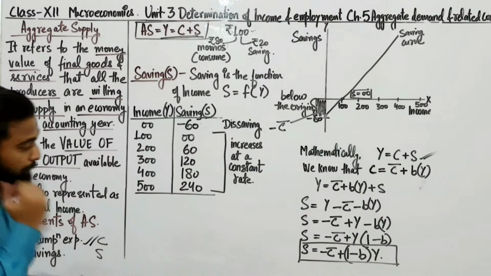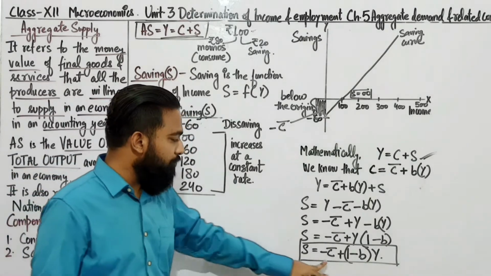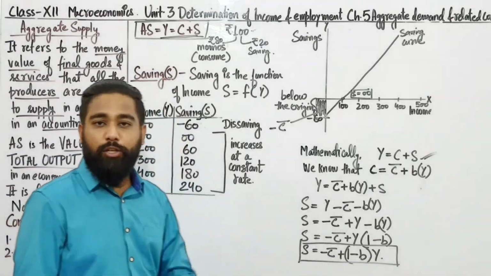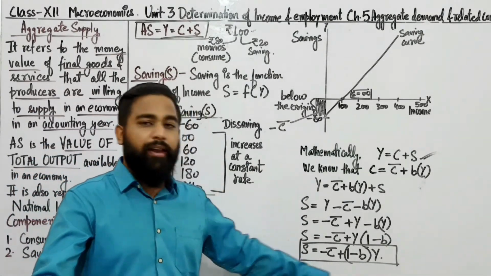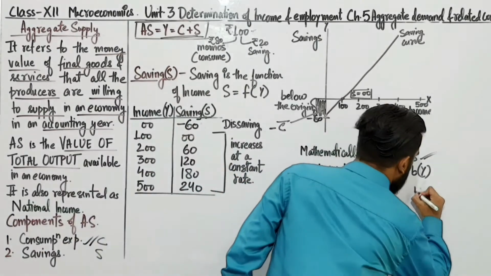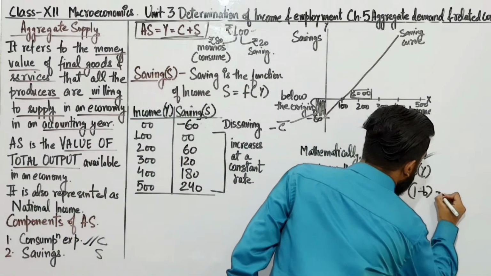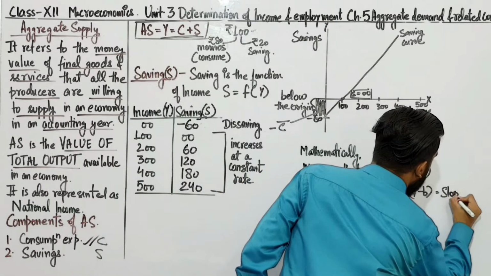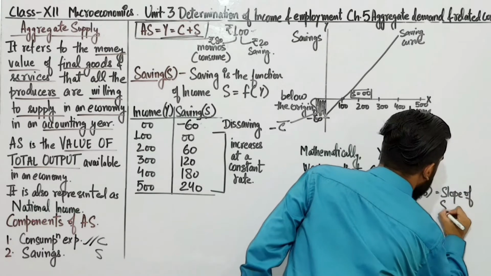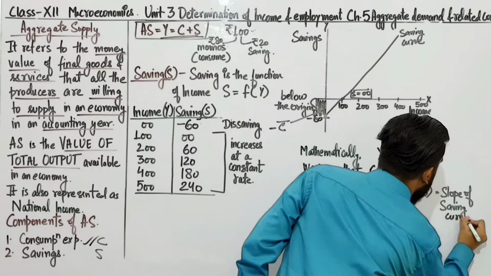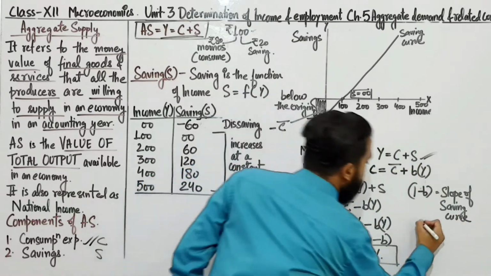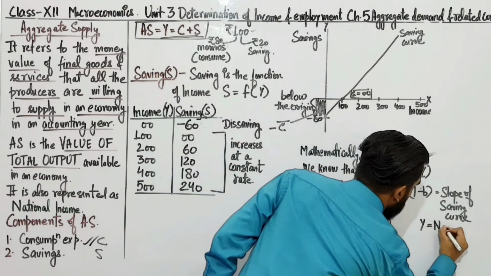Now students, this S is your saving, minus C bar is your negative autonomous consumption or dis saving. This 1 minus B is your slope of saving curve, and this Y is your national income.